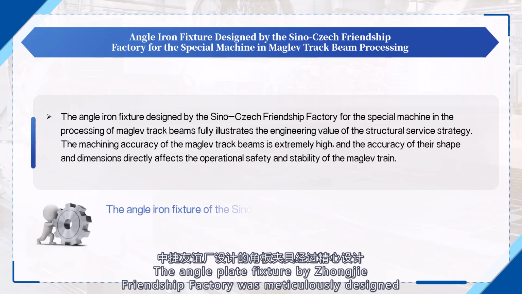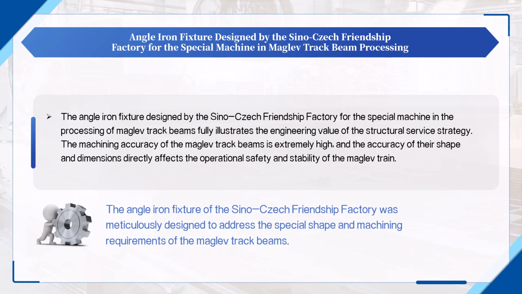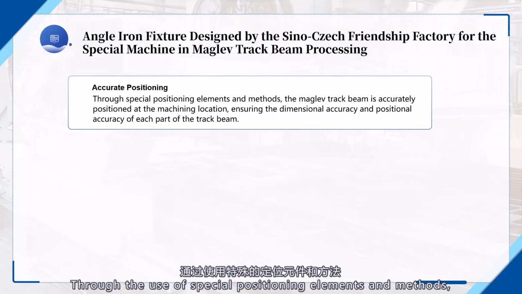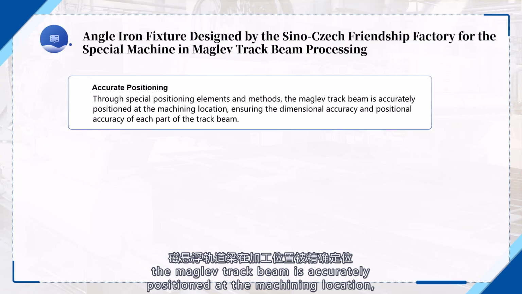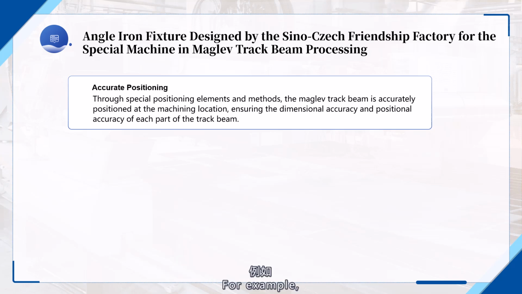The angle plate fixture by Zhongjie Friendship Factory was meticulously designed to address the unique shape and machining requirements of the maglev track beam. Precise positioning. Through the use of special positioning elements and methods, the maglev track beam is accurately positioned at the machining location, ensuring the dimensional and the positional accuracy of all parts of the track beam.